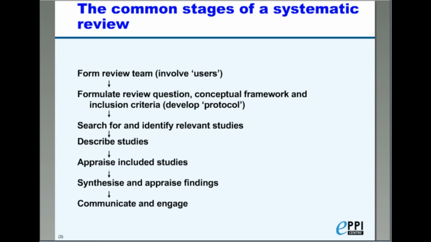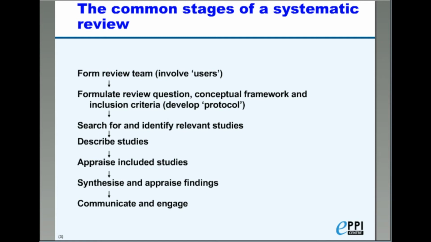So this slide shows some of the common stages in doing a systematic review. You form a review team. A review is quite hard work and it needs more than one person. And hopefully you would involve people who are going to use the review in the review process to make sure it's fit for purpose.